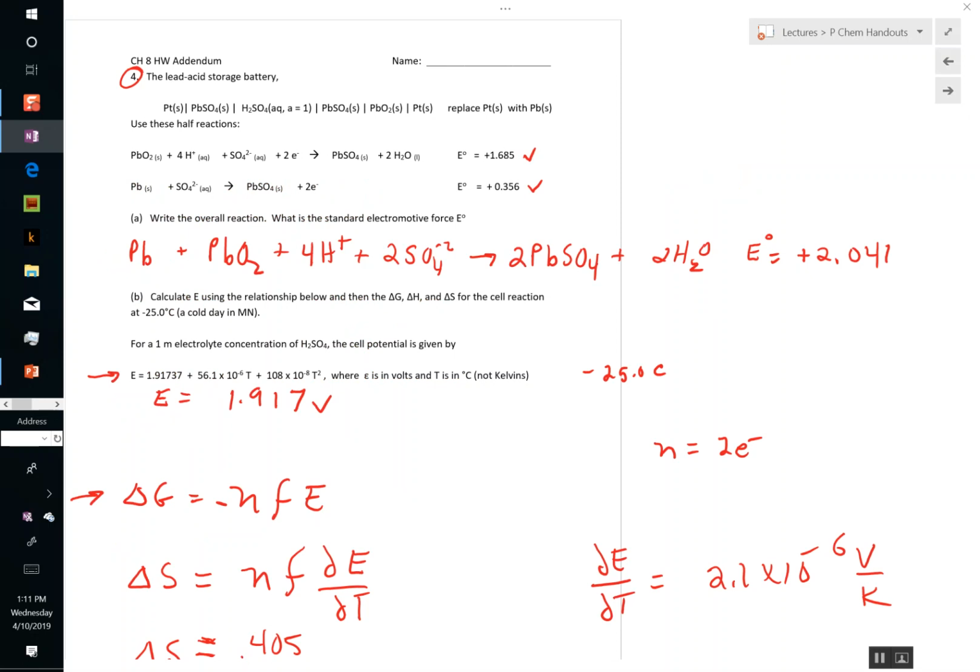Originally, I did find those two half equations in the textbook. I think there's a table of half reactions. I didn't find those, so I wrote something different. Okay. Of course, we've got H2SO4 up there. All right, that's probably enough on number 4.